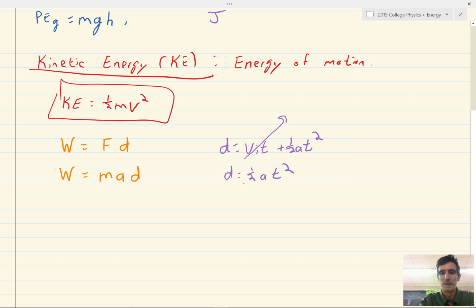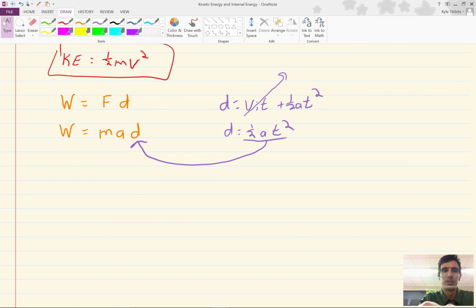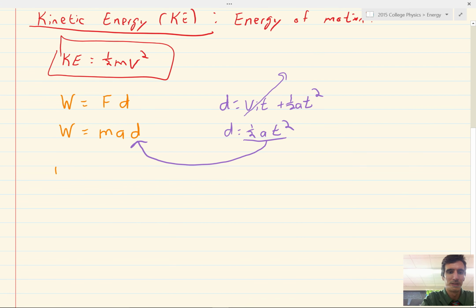And what we're going to do, we're going to plug this in wherever we see a d in the work formula. So we'll plug it in right there. So now we have work is equal to mass times acceleration times all the junk on the right, 1/2 a t squared. And let's just expand this.